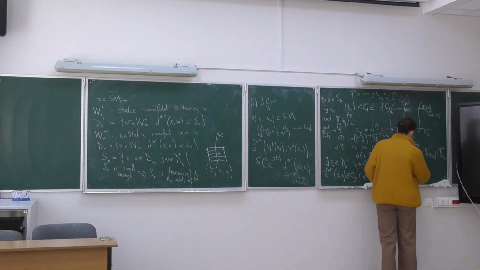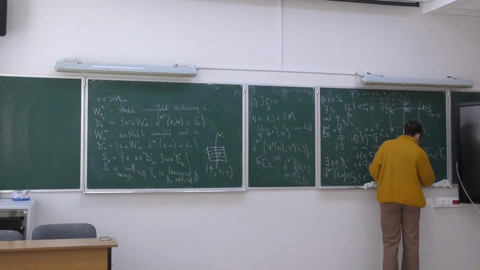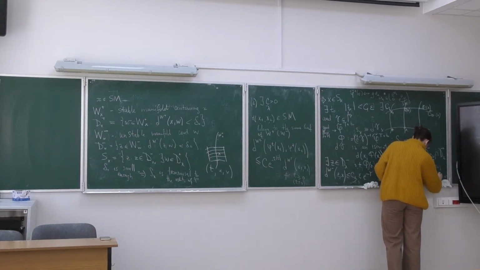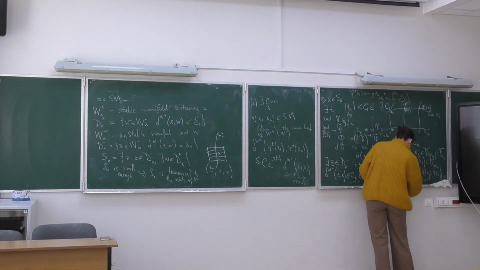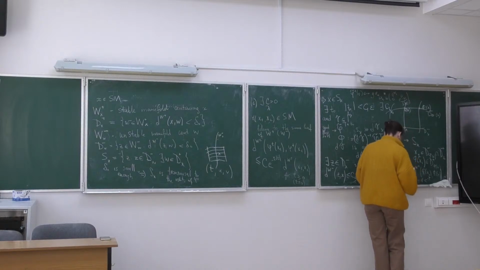And again, what do we know about this x1? We want that phi of x1 belongs to d plus phi of z, and dw plus phi of x1 phi of z is estimated by some constant epsilon e to the minus t for some c3.